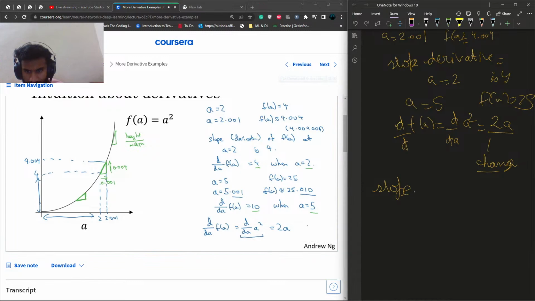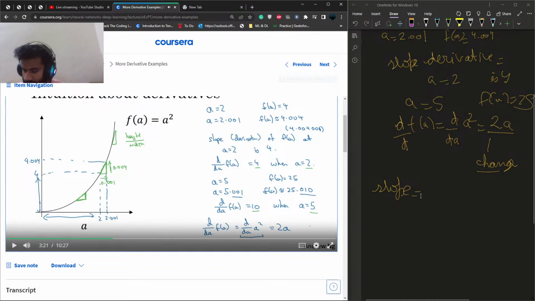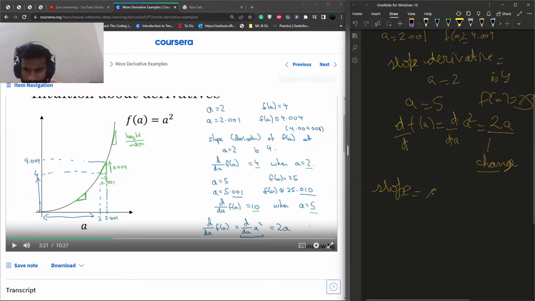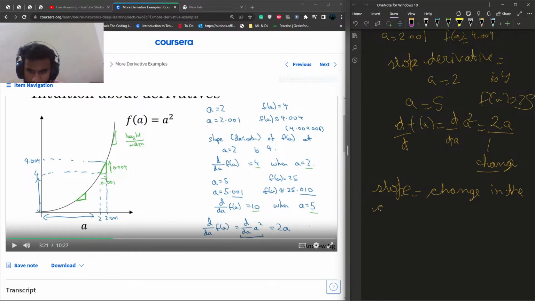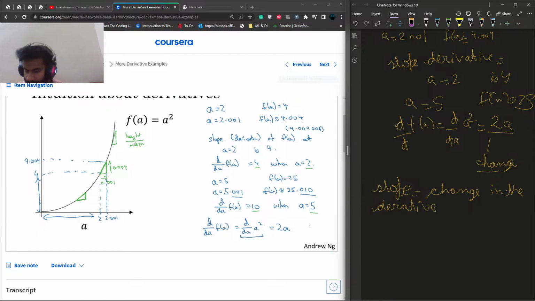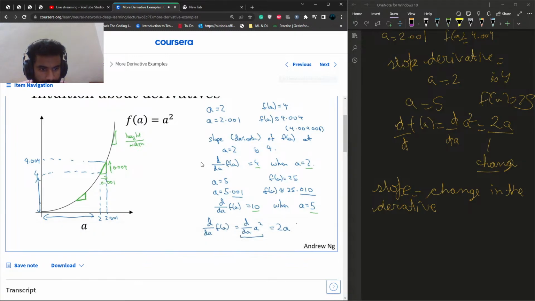I'm not going to prove this, but the way you find this out is that you open up a calculus textbook to the table of formulas, and it'll tell you the derivative of a squared is equal to 2a. And indeed, this is consistent with what we've worked out.